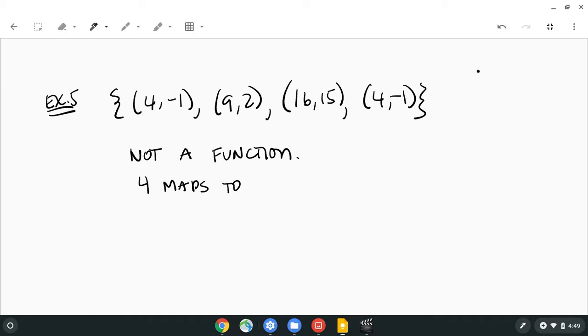Okay, if they do that, they're trying to trick you. I know, it's cruel. Okay, we had 4 here, right? Okay, so this is not a function because the x value 4 gets mapped here to -1, and it also gets mapped to 4. 2 values, -1 and 4. Okay. All right.